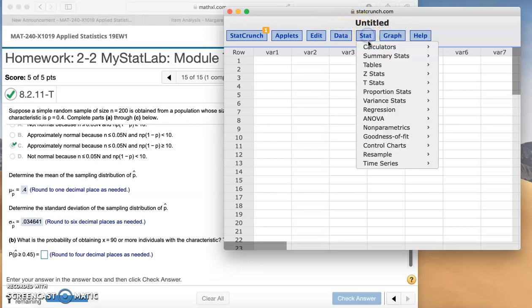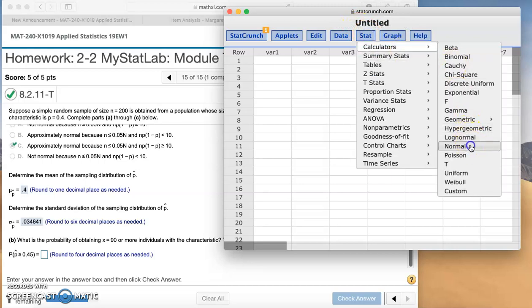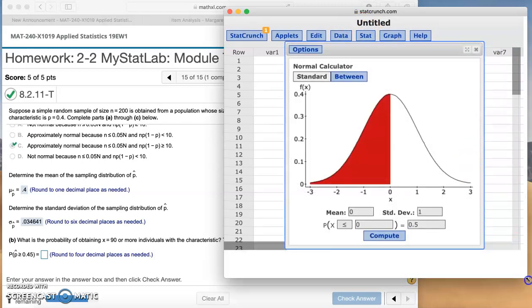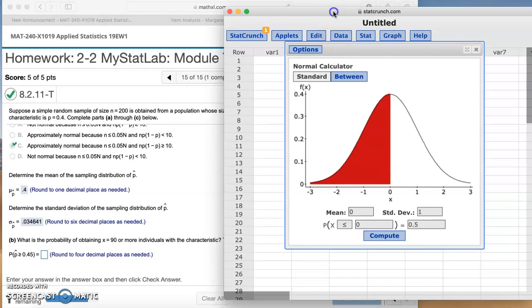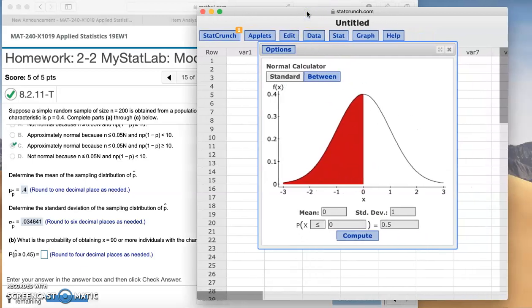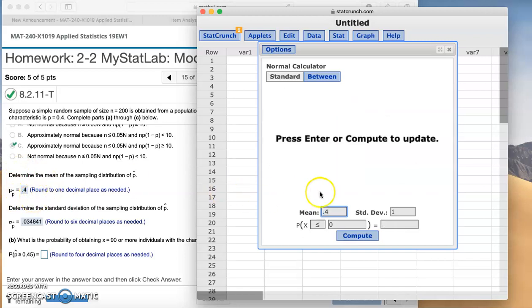So to do this, you go to Stat, Calculators, and go down to Normal, since we're dealing with a normal distribution in this case. So here, we don't have a standard normal distribution, we just have a normal distribution. That means we're going to have to change our mean and standard deviation here. So our mean that we found is right here. That's 0.4. Our standard deviation is what we found right here, and that's 0.034641.